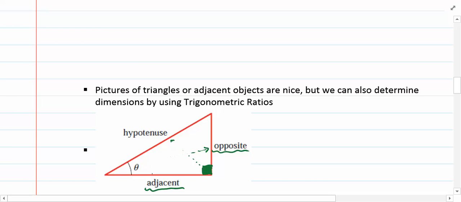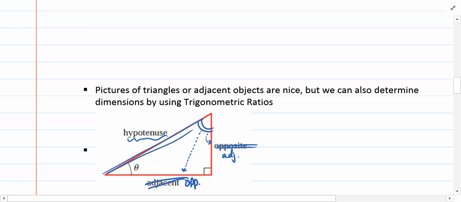Now, if our angle of intention, or the angle of focus, happened to be up here instead, then the names of these sides will change, because now the side length across from our angle of intention is down here, and that would be the opposite side. The side nearest to this angle is here, so that makes this our adjacent side, but in this case our hypotenuse did not change.